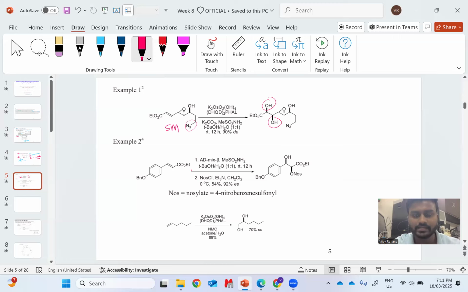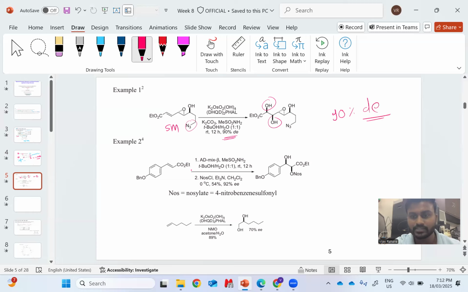Both hydroxy groups are directed beta, and we get the product with about 90% diastereomeric excess.